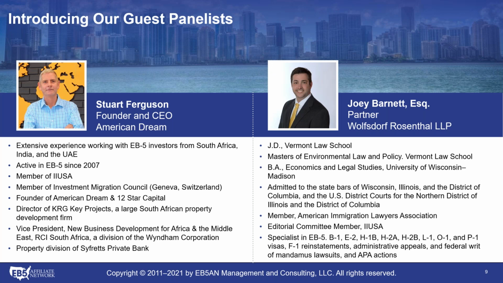I've been practicing in EB-5 for the past decade, and it is my principal area of practice, representing immigrant investors through regional centers in their own projects, representing U.S. developers and regional centers. I'm also on the editorial committee for the large EB-5 trade association, IIUSA, Invest in the United States.